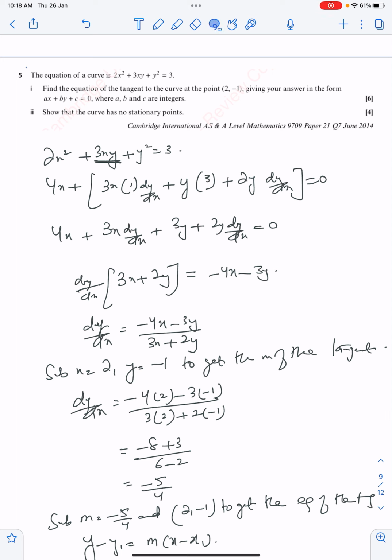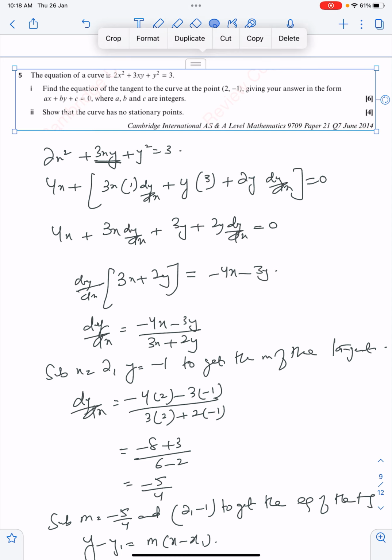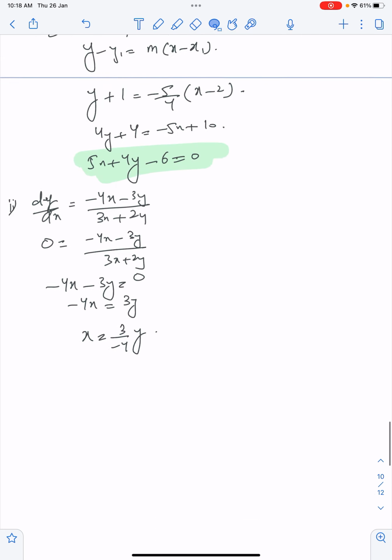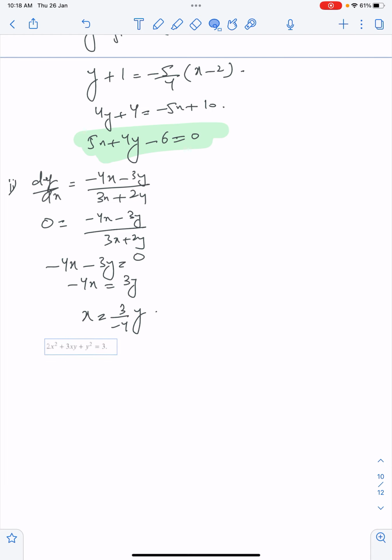Now, if I take the equation of the curve, substituting x into this equation, let's see whether we get some value for y or not. So let's do this. Minus 3 upon 4y.